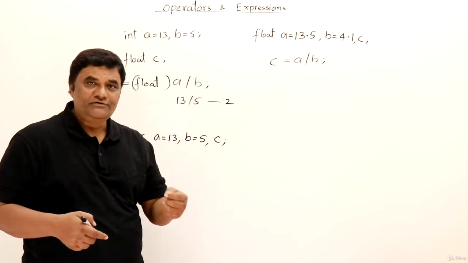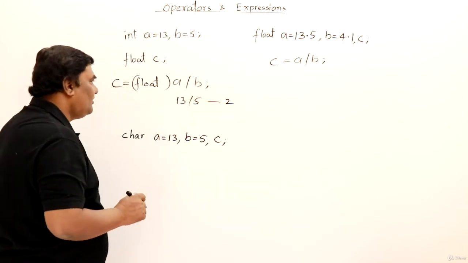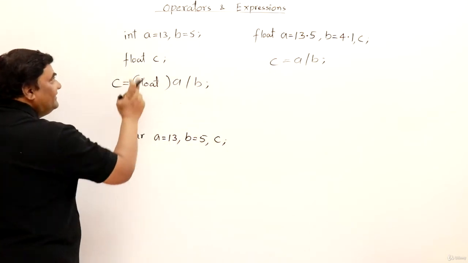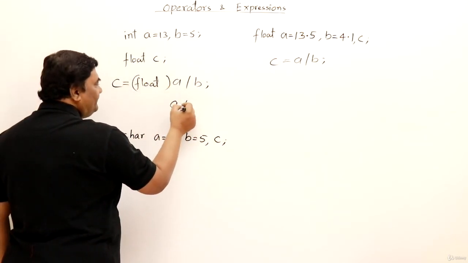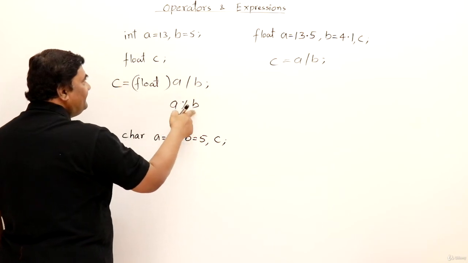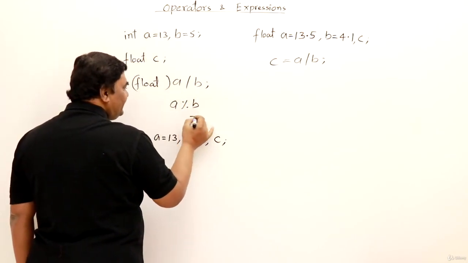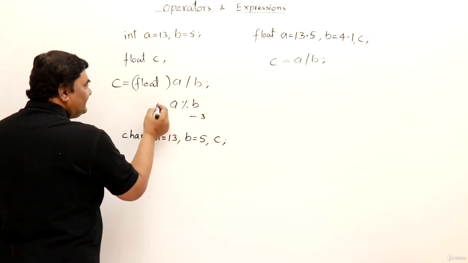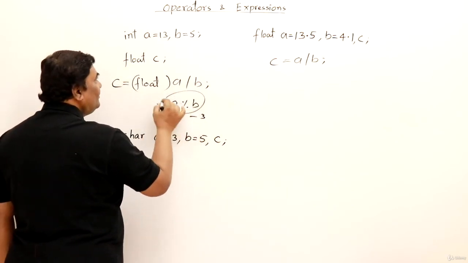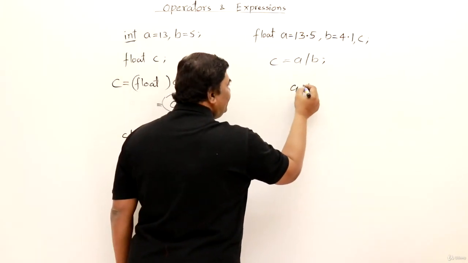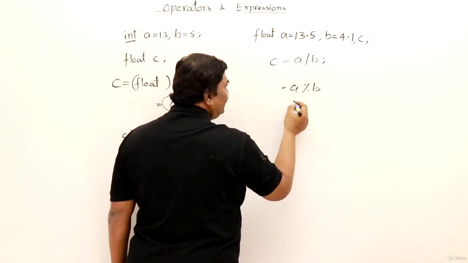Now next I will show one more thing. We have seen the mod operator, which gives the remainder when the two numbers are divided. So in this case, a mod b, when a is divided by b, the remainder will be 3. So this gives the remainder, that is 3, right? So this mod operation can be performed over integers. Can I do a mod b here and store the result in some variable?